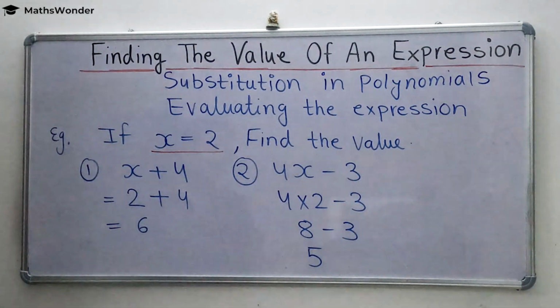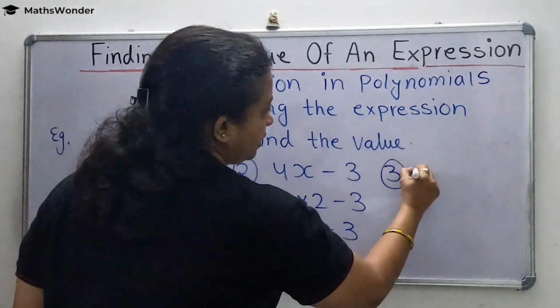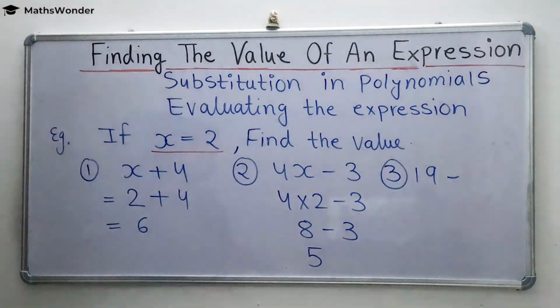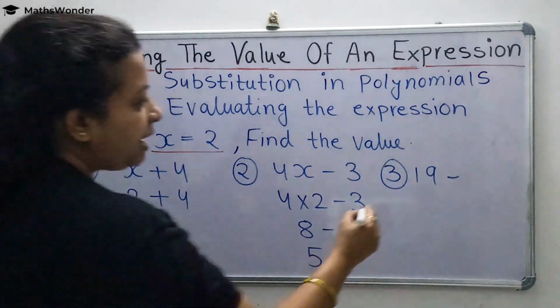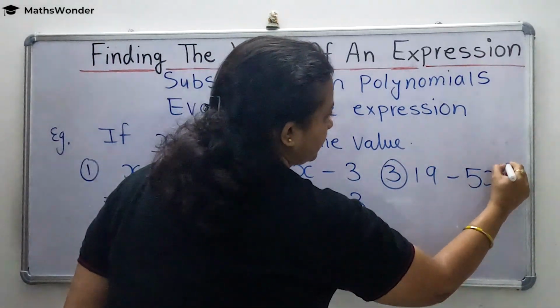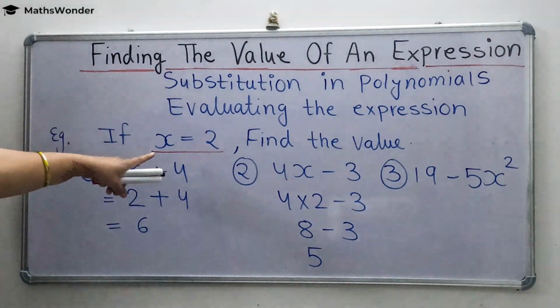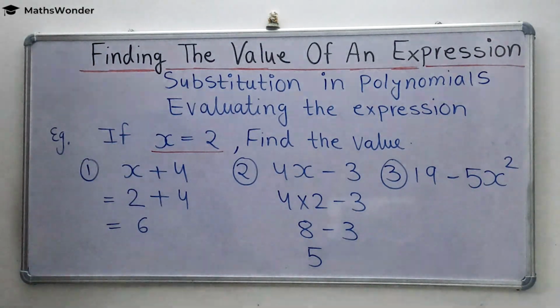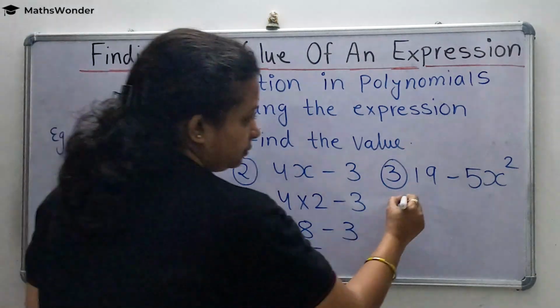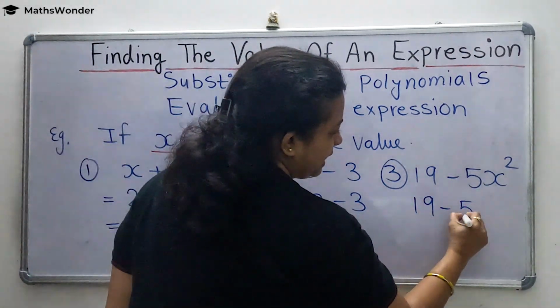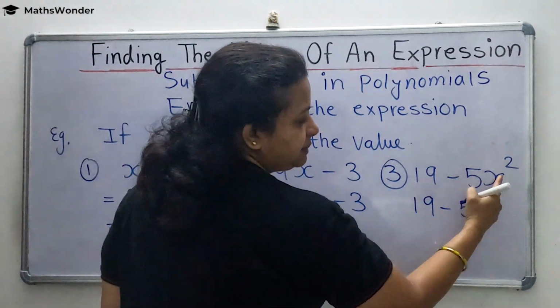Now the third is 19 minus 5x square. Now again you will substitute x is 2. So 19 minus 5 times x square.